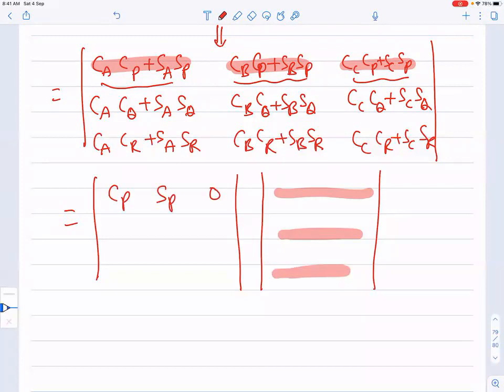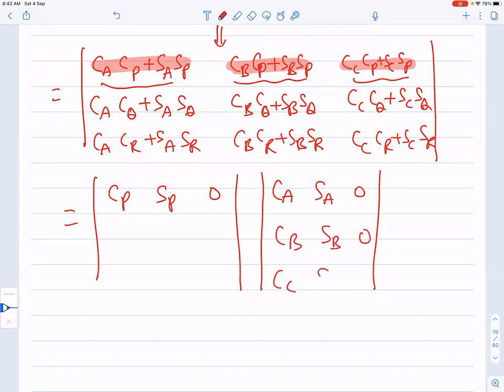Correct, na? Any doubt? So here what should come? Cos A sin A 0. Cos B sin B 0. Cos C sin C 0. देखो सब आ रहा है. Samjhana students? Yes, sir. Yes.